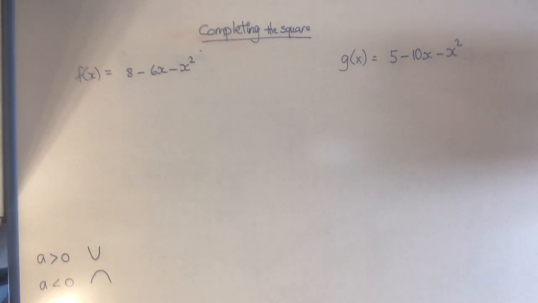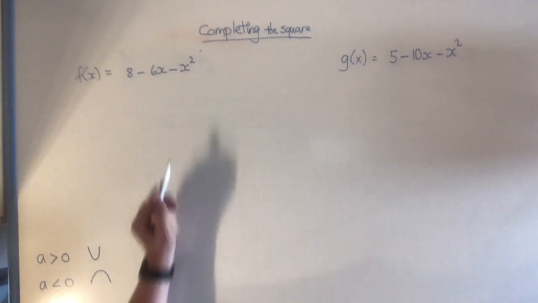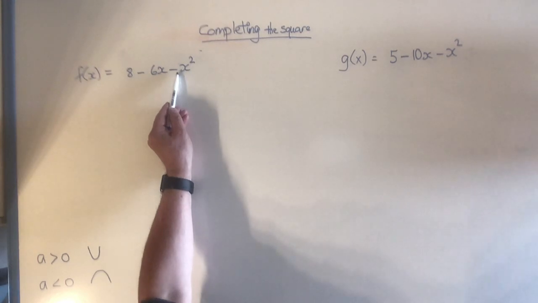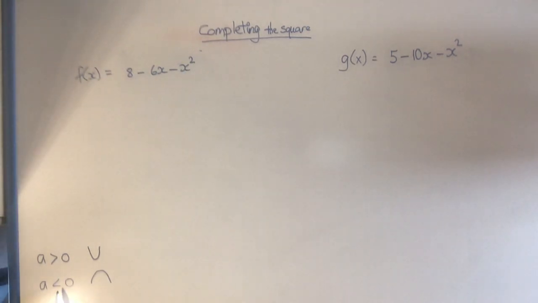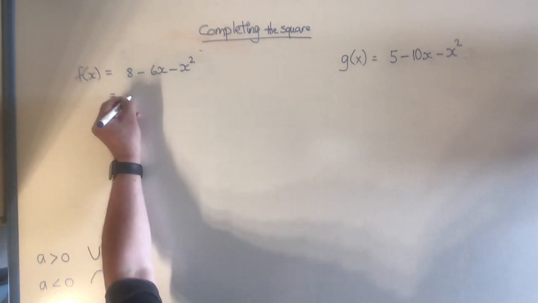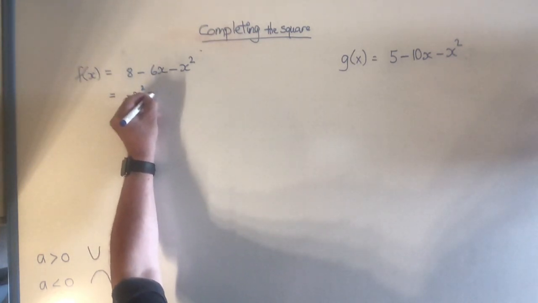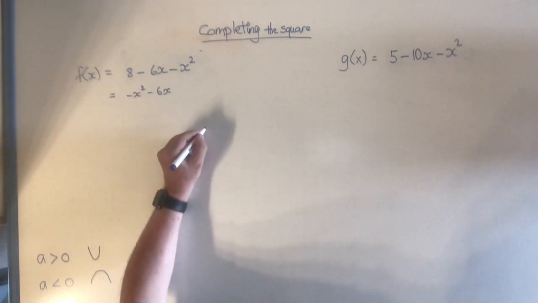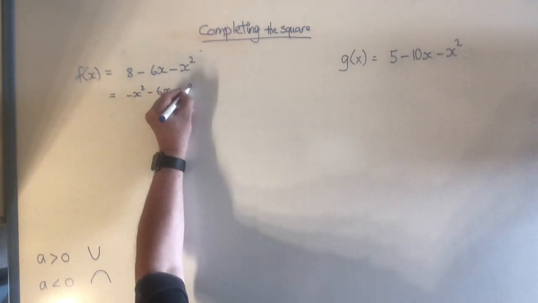Okay, now, as I say, these ones are slightly harder. First thing you can see, hopefully, the x squared coefficient here is minus 1, which means we're going to have a sad face. Okay, so first task here, since this is slightly harder, rewrite it into the usual quadratic form where the x squared is first.